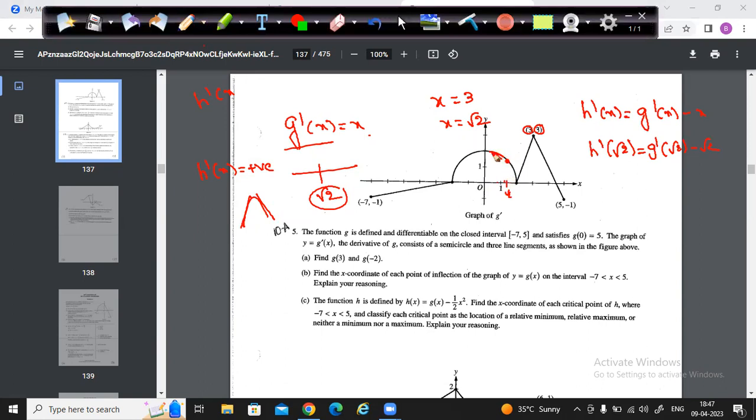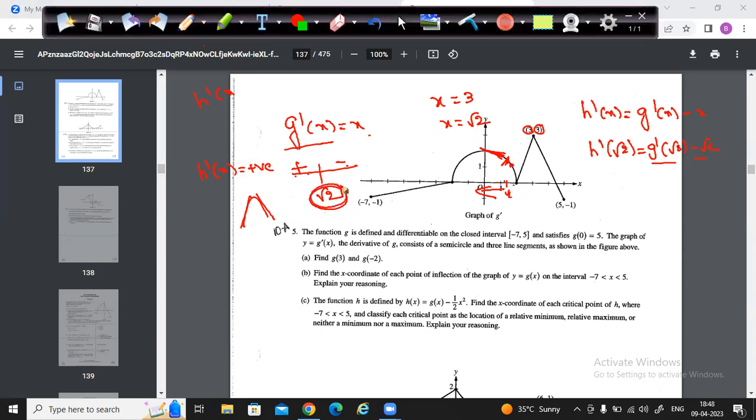Here both of them are equal. If I take a point less than root 2, the g dash value will be greater than x. So g dash of x minus x will be positive for these values, and for the values to the right, g dash is less than x, so it is negative. So the function is changing from positive to negative at root 2.